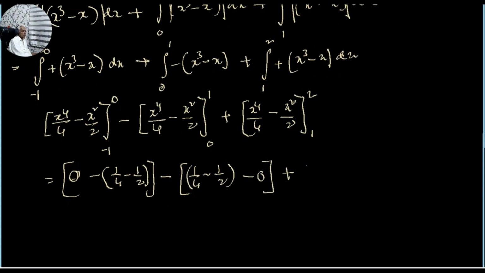Plus 2 power 4, 16 by 4 is 4, minus 2 squared is 4 by 2 is 2, 4 minus 2, minus 1 by 4 minus 1 by 2. If you have patience and do this, we will get the answer 11 by 4.